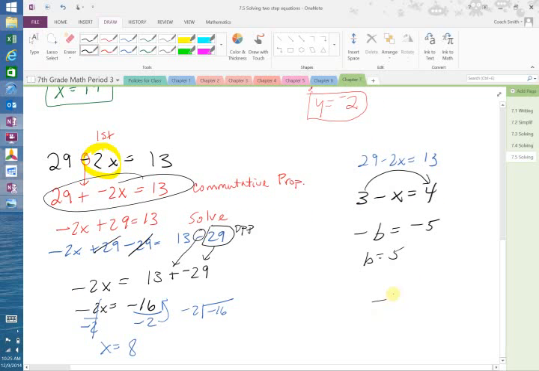You have a negative 2x, and that's equal to, we had a positive 29 over here. So when it came over here, it became a negative 29 right there. And that's basically the same type of deal. You just didn't have the 2 to deal with.